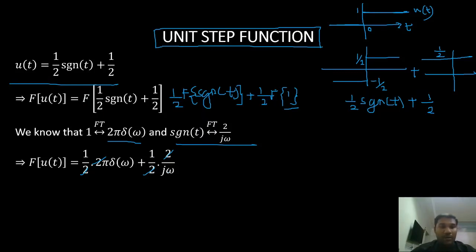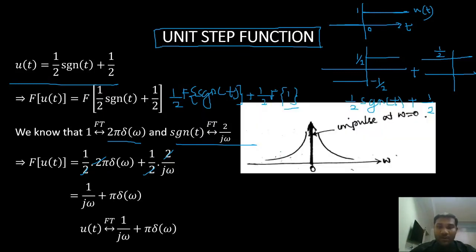Right? Now let me draw the amplitude spectrum. How does it look? There is an impulse at omega equals 0 of strength pi, right? So this is that impulse at omega equals 0.